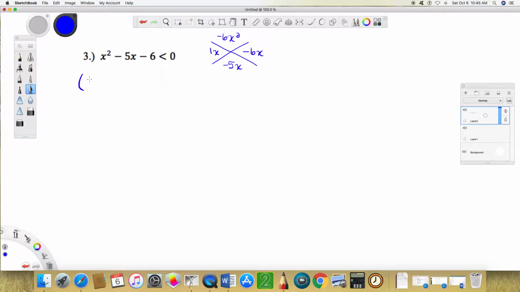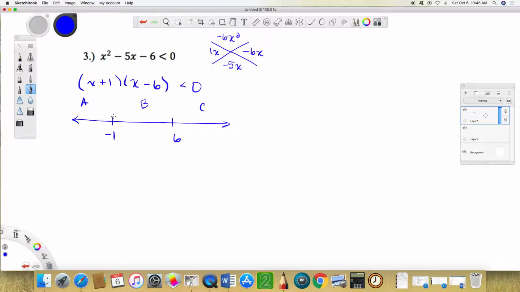I can just use my coefficients of x plus 1 and x minus 6. So set these individual factors equal to 0, and this gives us our critical points, and that divides our number line into three regions that we can label A, B, and C.